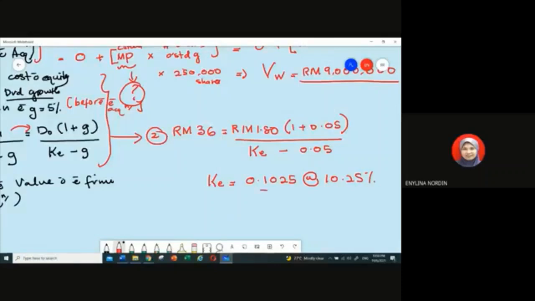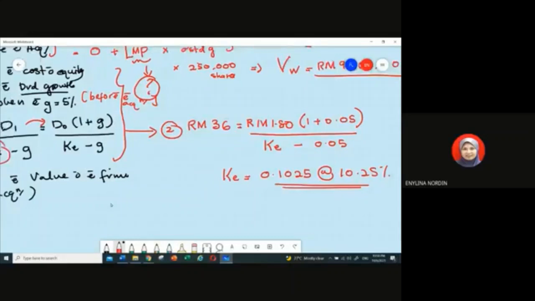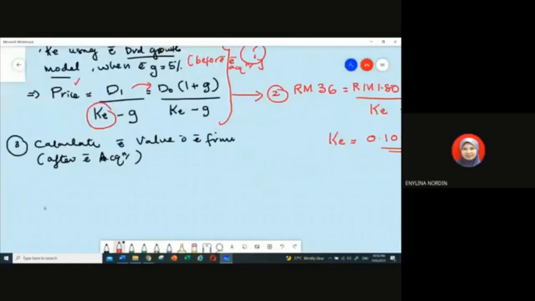Now we're done with step 2. Next, we want to determine the value of Wangsa Setia, but this time for after the acquisition.